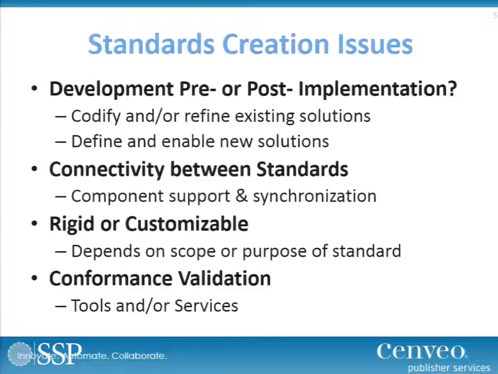Some standards communities have built validation tools and services, such as epubtest.org for EPUB. And when a standard is a business practice, of course, there can be conformance certification, such as COUNTER compliance, for example. So these are questions and issues when we look at the history of a given standard. Where do these things apply?